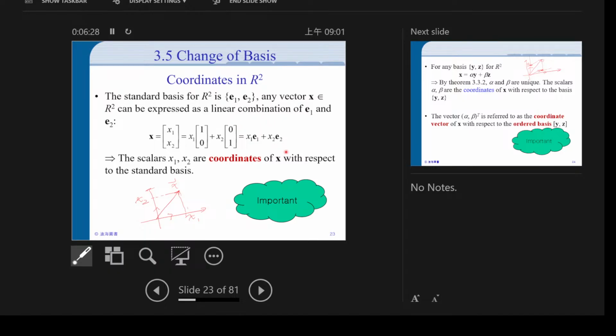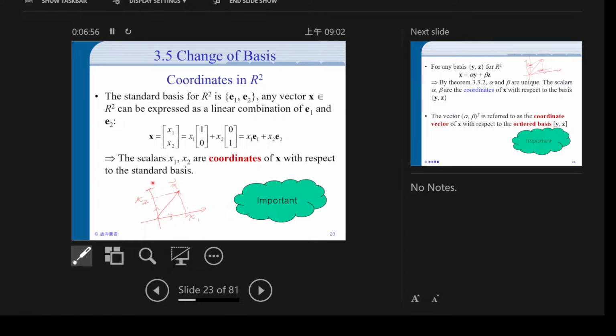This should be relatively simple, and I think you learned this probably in middle school, that we have a geometric interpretation here. Any vector x in R2 can be written as the sum of two components, one component in the x direction and another in the y direction. The x direction is e1 and the y direction is e2.